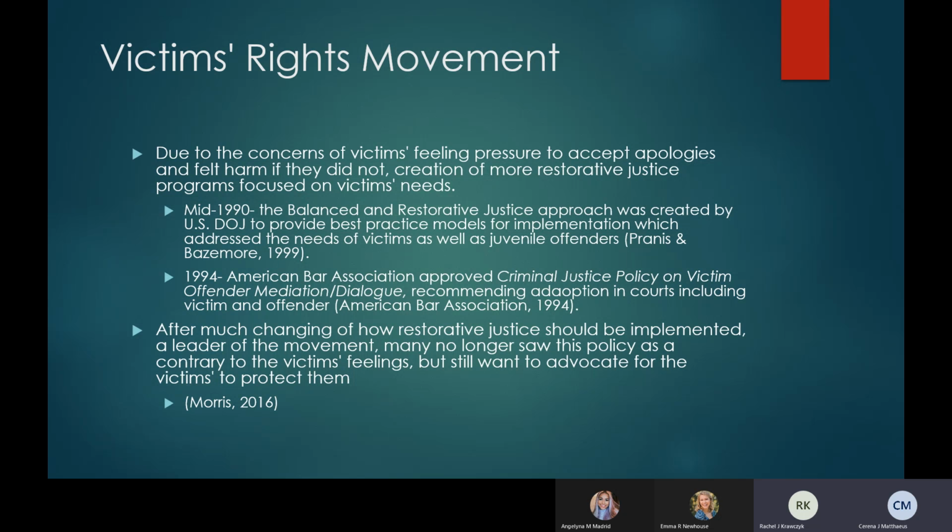In 1994, the American Bar Association approved criminal justice policy on victim offender mediation/dialogue, recommending adoption and inclusion of both victim and offender. And then after much changing of how restorative justice should be implemented, people no longer saw this as a policy that contradicts the victims' feelings, but still want to advocate for those victims to protect them.